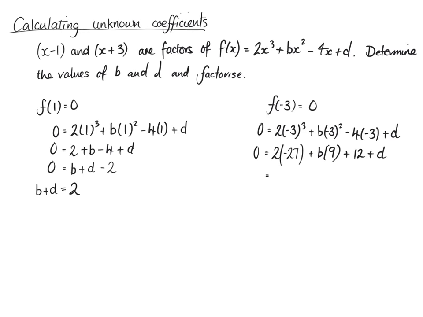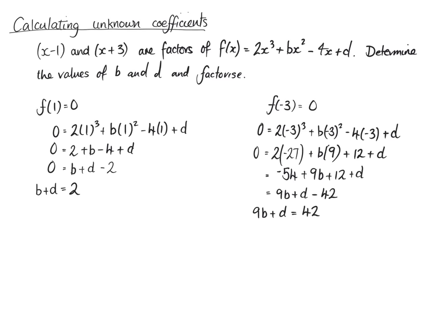So we have 27 times 2 is 54. So we've got minus 54 plus 9b plus 12 plus d. So a little bit of sorting that out, we get 9b plus d minus 42. So we get 9b plus d equals 42.